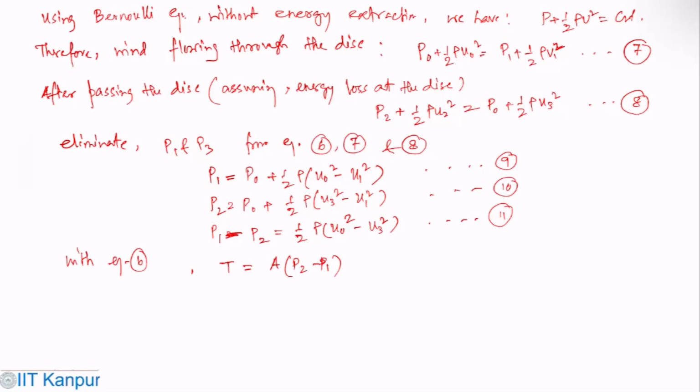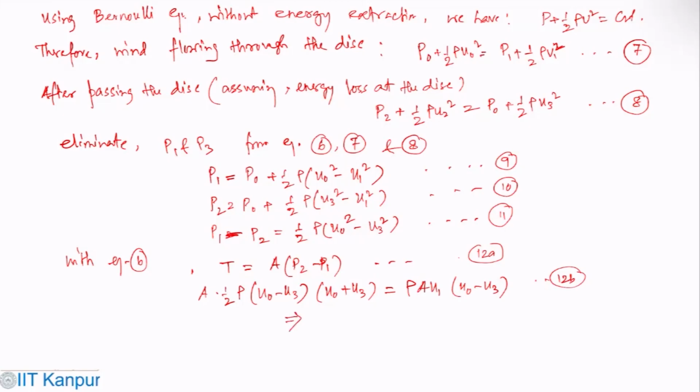Okay. So that's essentially 12A. So we can write A half rho (U0 minus U3)(U0 plus U3) equals rho A U1 (U0 minus U3), 12B.